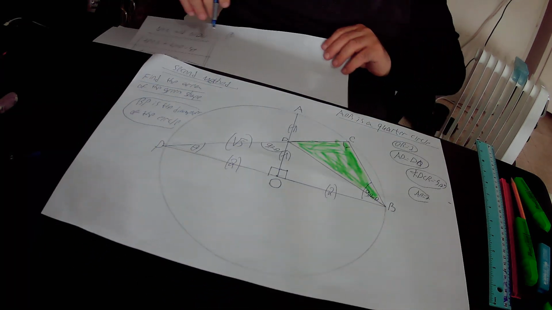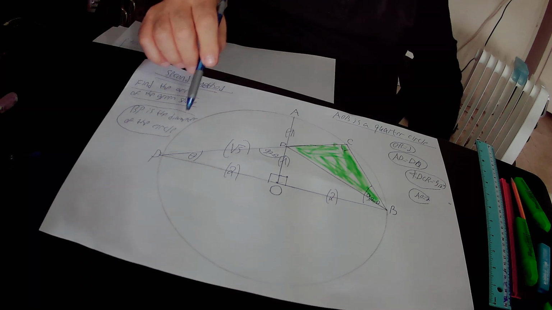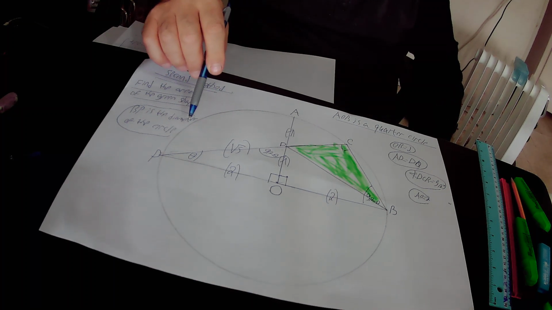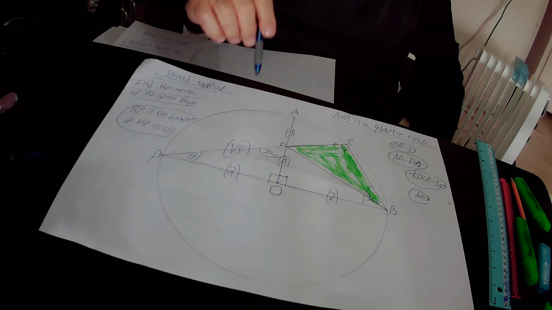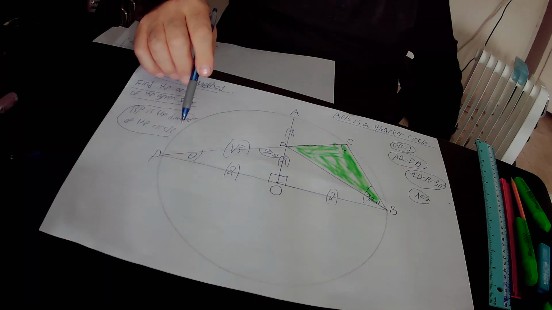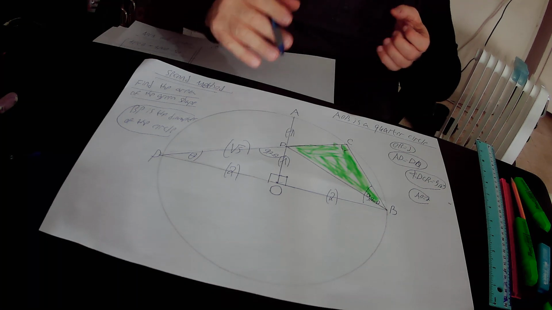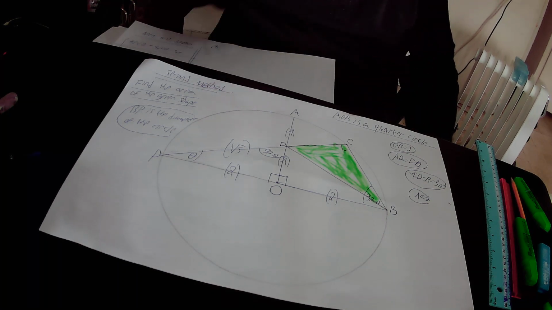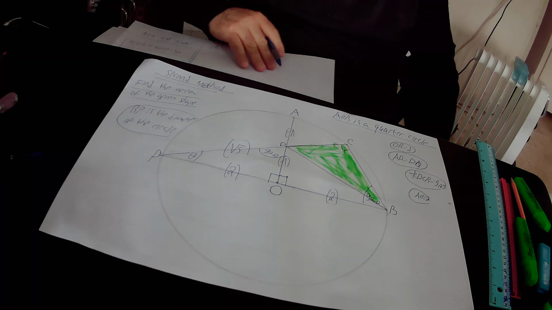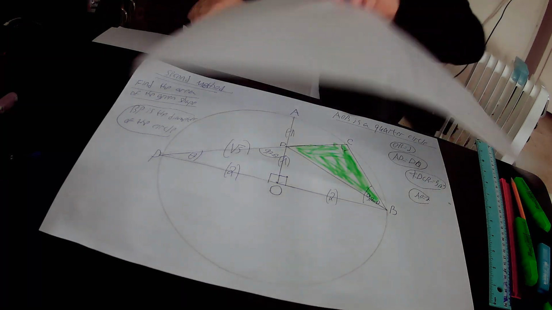So we actually found out that all the angles in the big right triangle PCB are correspondingly equal to all the angles in the small right triangle PDO. Therefore, the big right triangle PCB is similar to the small right triangle PDO according to the angle similarity rule. So I write it down.